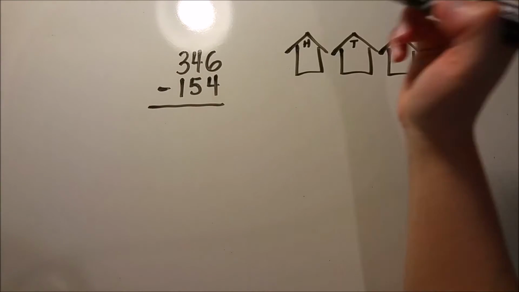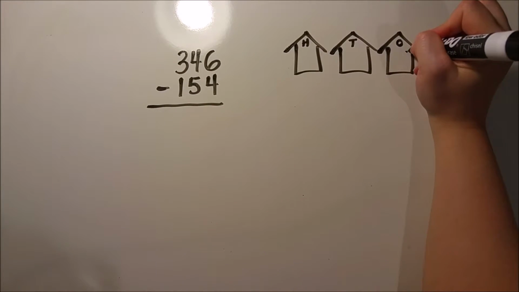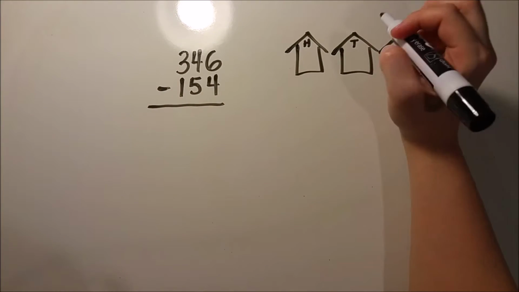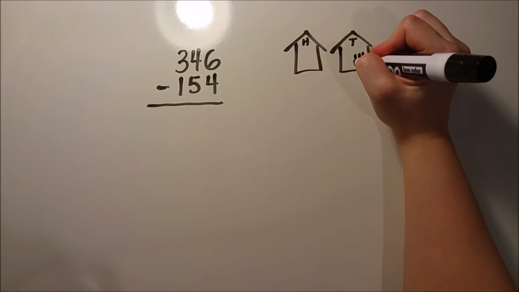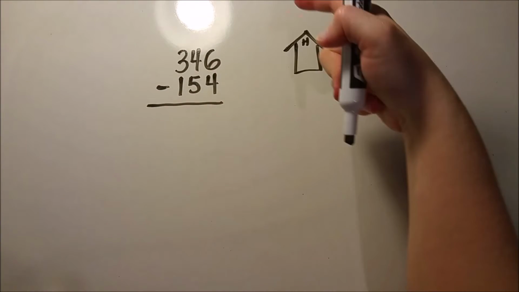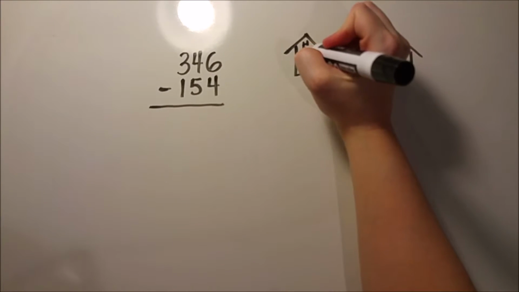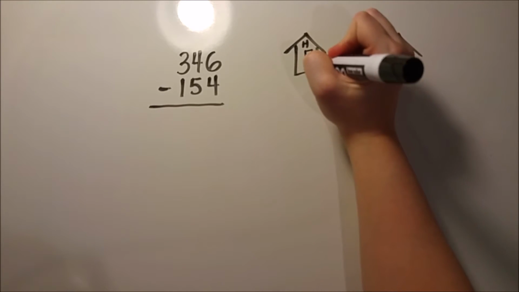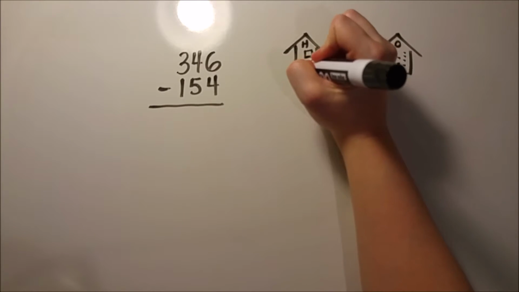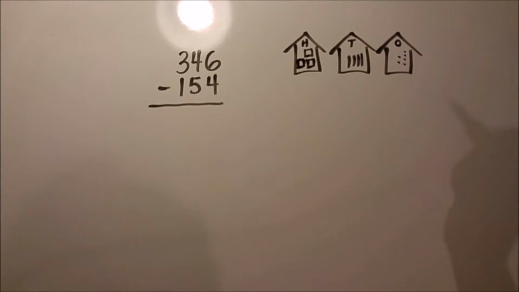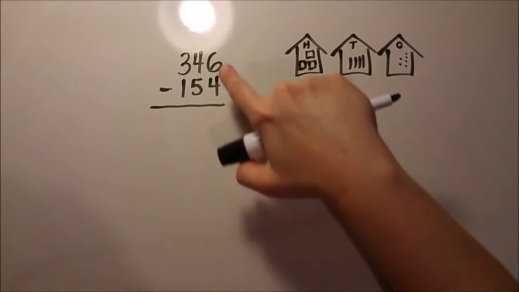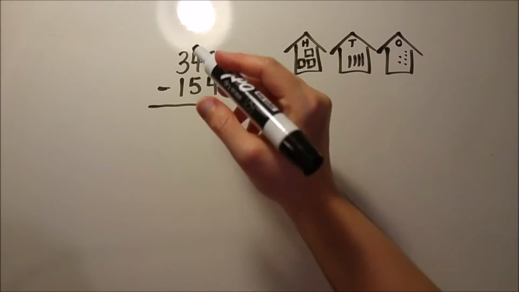Okay, we have 1, 2, 3, 4, 5, 6 in the ones house, 4 in the tens house, and then 3 in the hundreds house. Now these are obviously smaller than what I showed you earlier, but I had to squeeze them in somehow. Okay. 6 minus 4, we can do that. We don't have to borrow this one this time. That's cool.